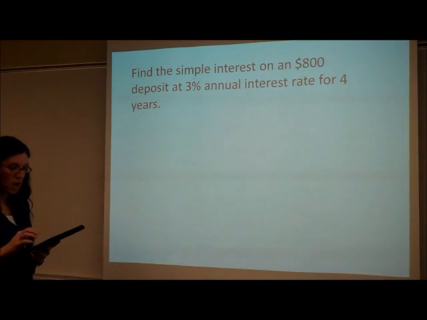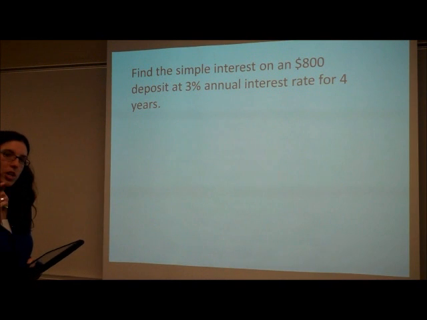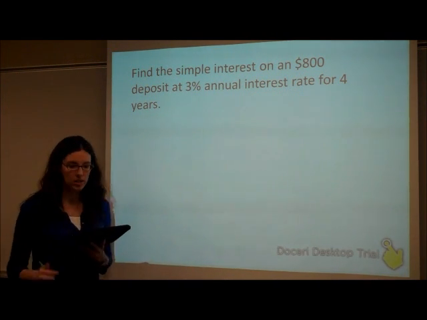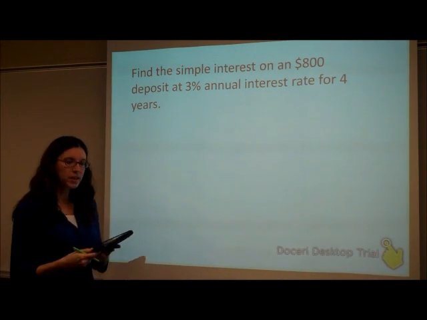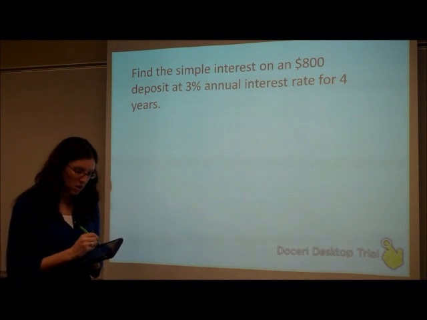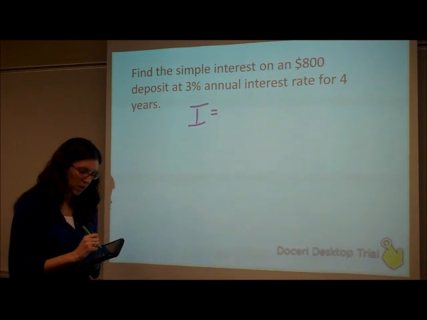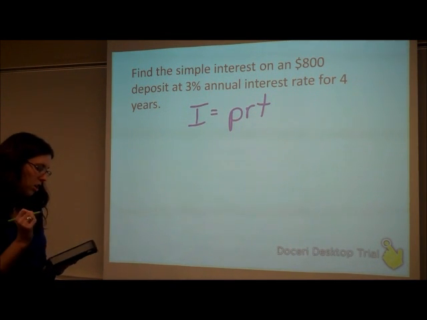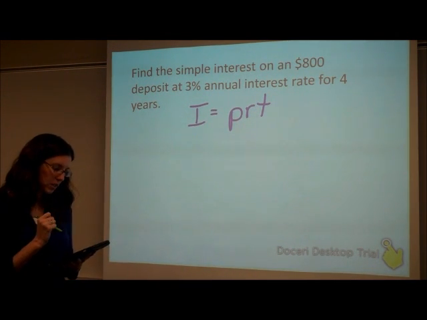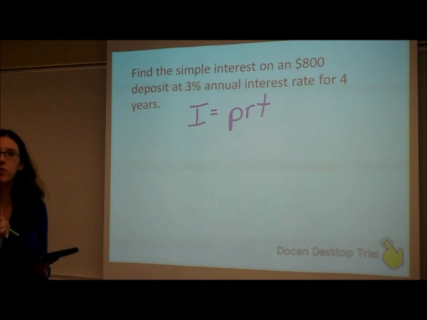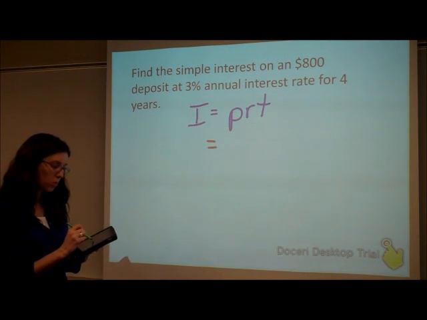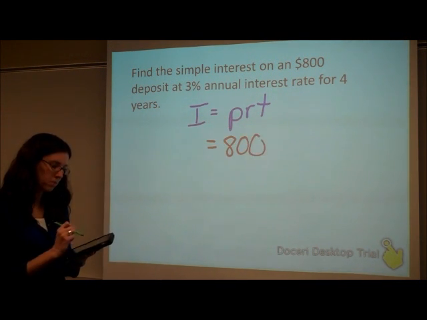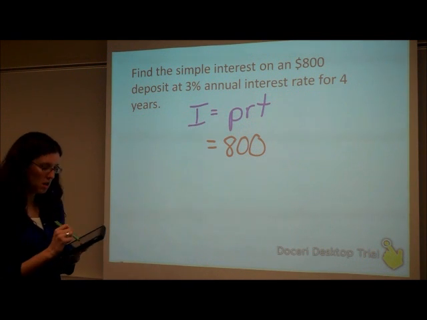Now, I want you to try this one. When you get it finished, go ahead and press play and we'll check it. So find the simple interest. So I'm going to copy down my formula. On an $800 deposit at 3% annual interest rate for 4 years. Okay, so the principal was $800. That was our deposit.